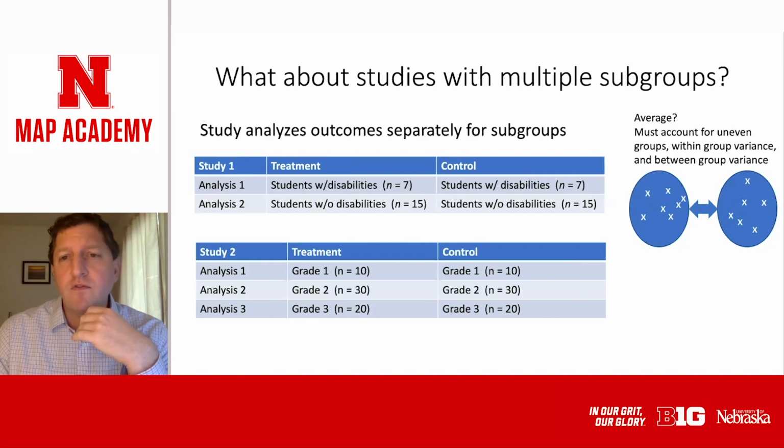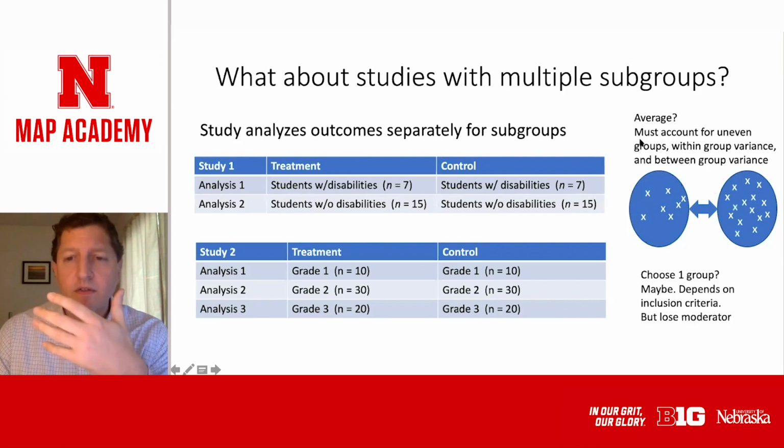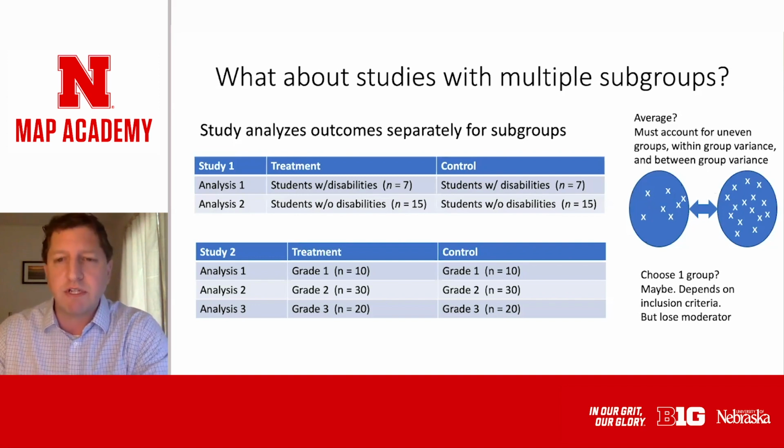We also have to think about the within-group variance and between-group variance, because if we just average these things, we miss out on the between-group variance, and that can be problematic. We're not really getting a good representation of what the actual effects are.